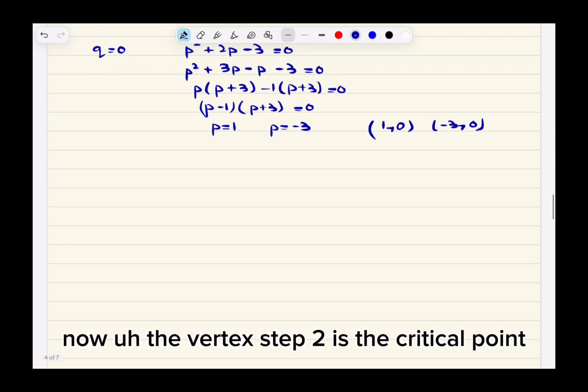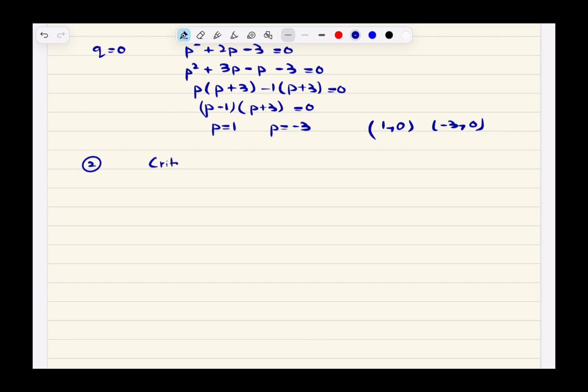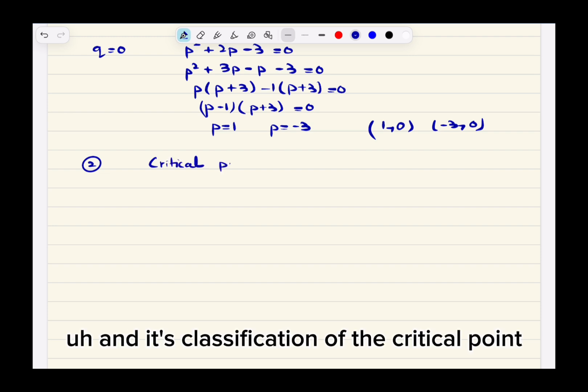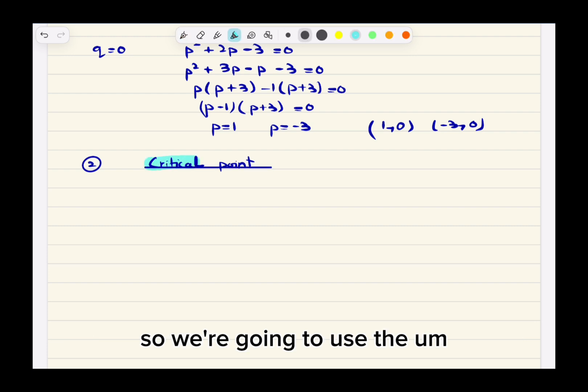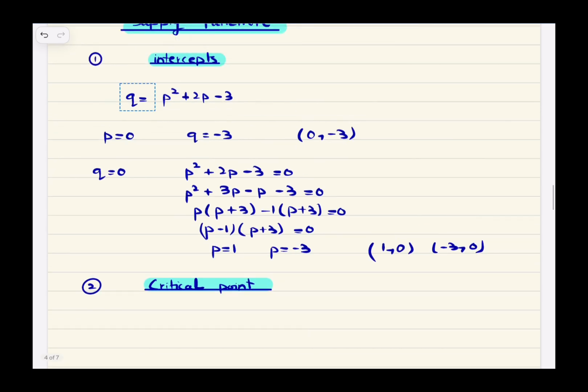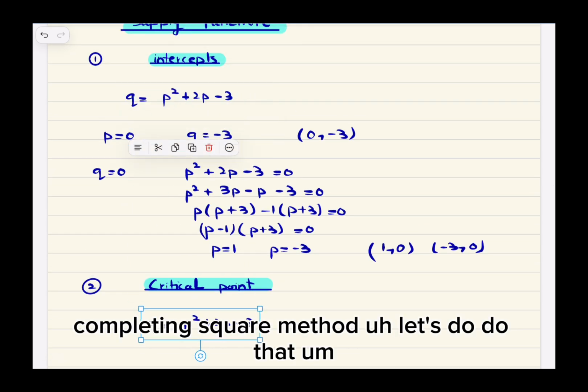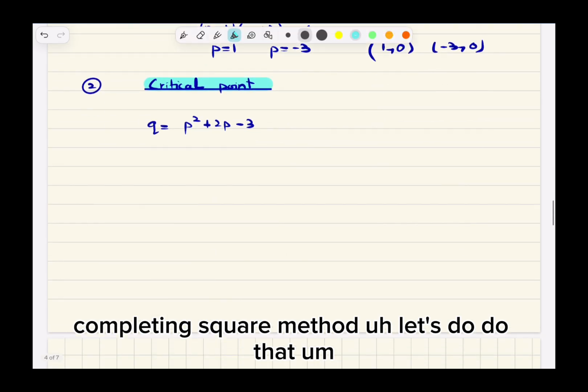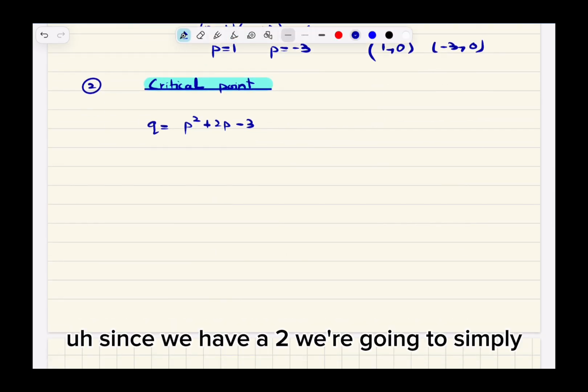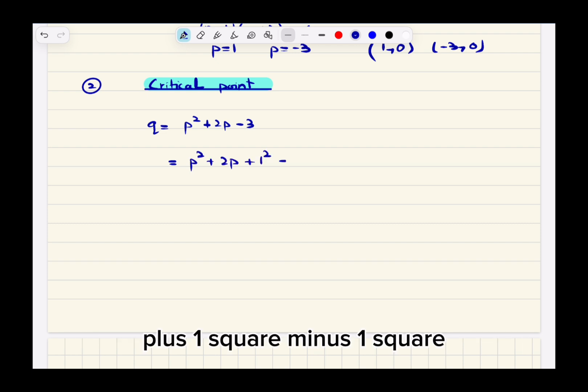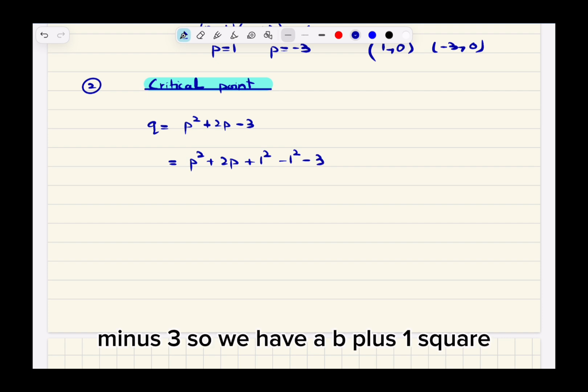Now the vertex, step 2, is the critical point and its classification. So we're going to use the completing the square method. Let's do that. Since we have a 2, we're going to simply add 1 squared and subtract 1 squared, minus 3.